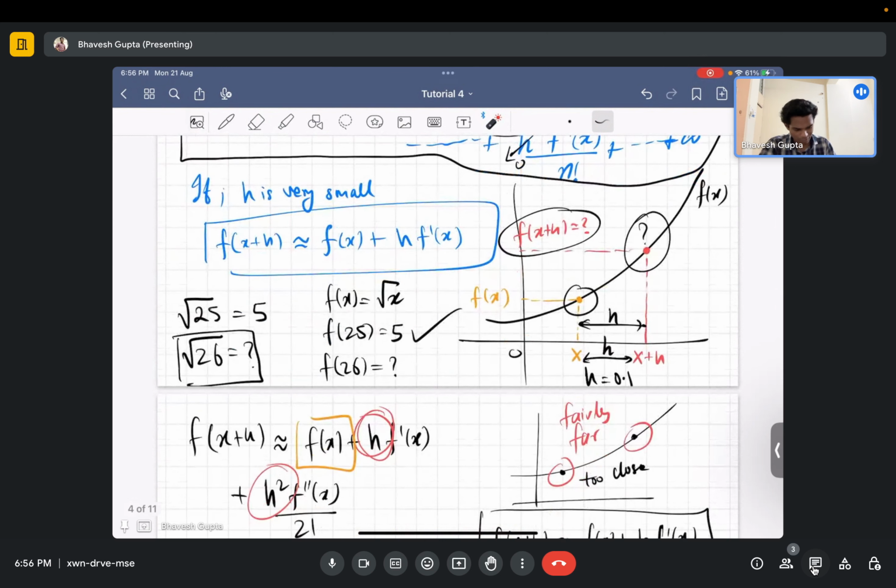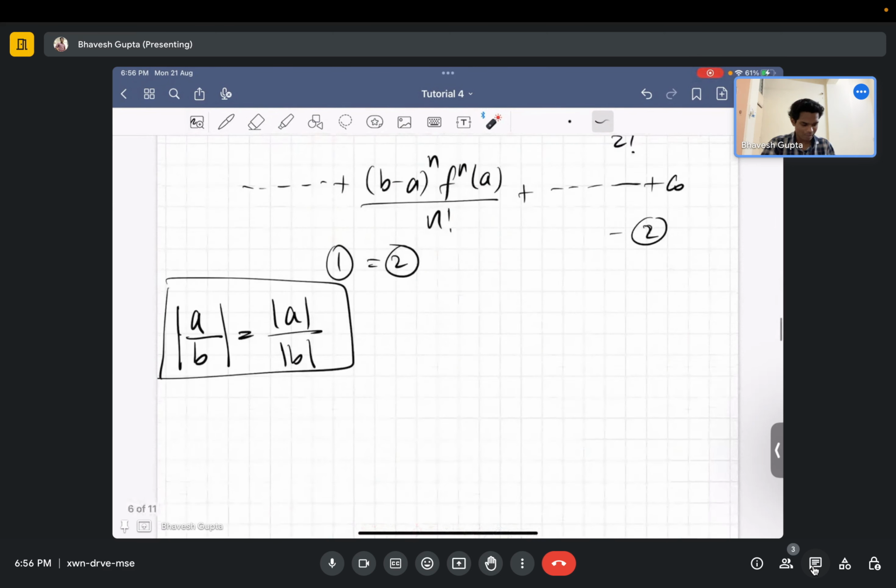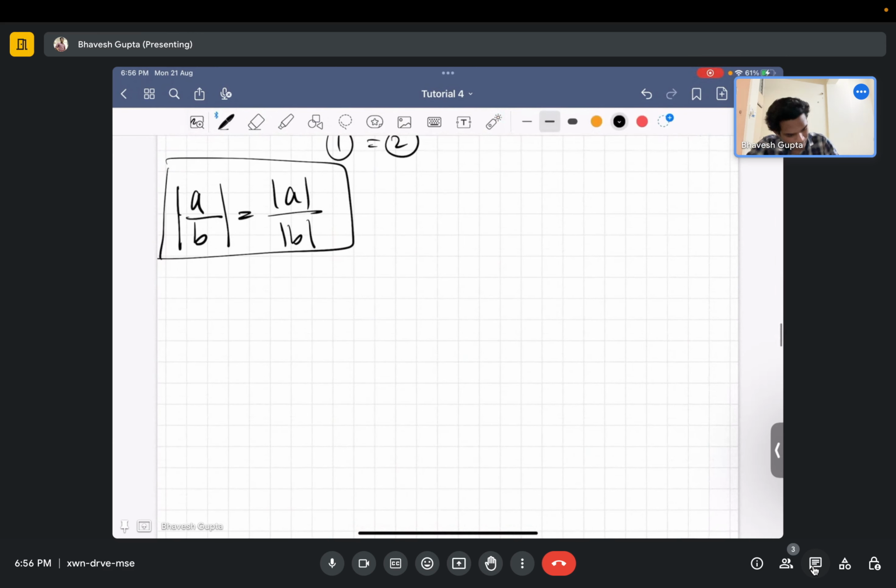Let me solve this problem for you, which I left incomplete. So I started with f of x equal to root x, and my a is 25, but I want to calculate b, which is 26, which can be written as 25 plus 1, which is my a plus h.